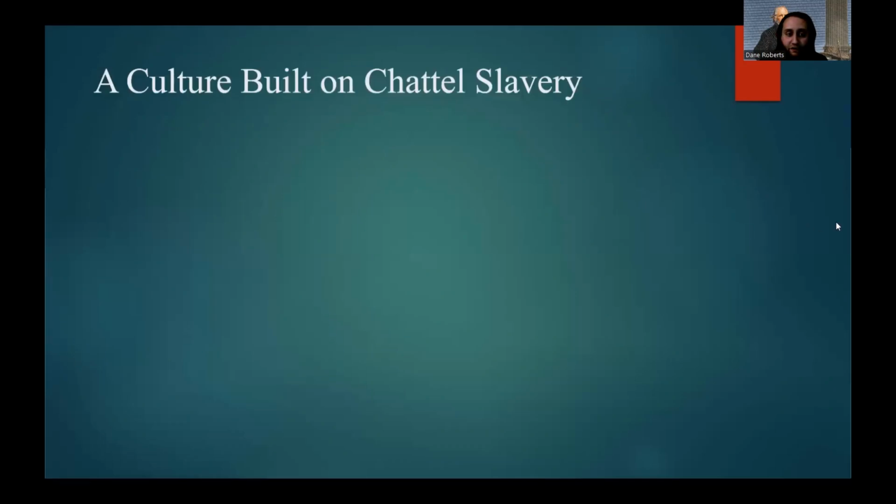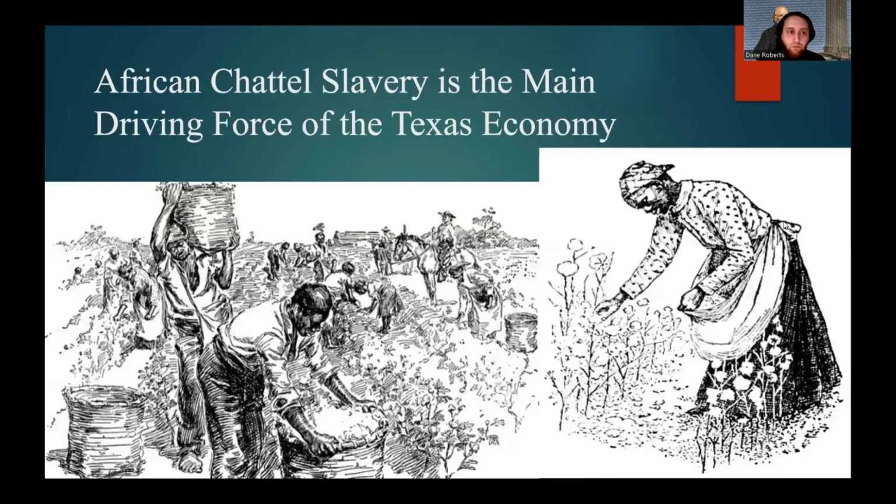The Republic of Texas, again, much like most of the southern United States, was a culture built on chattel slavery, with African chattel slavery being the main driving force of the Texas economy.